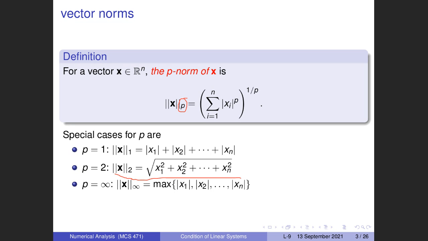So you can think with the traditional 2 norm, also called the Euclidean norm. But sometimes it's more convenient, instead of taking the square root of the sum of squares, just to take the maximum number in size.